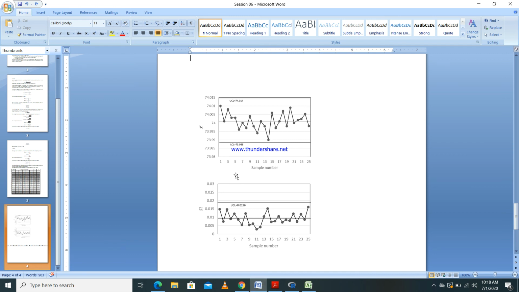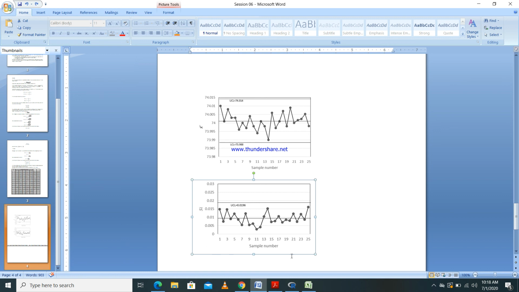So after finding these values, this is my S chart. You can see the lower control limit is equal to the x-axis because its value is 0, and here I have plotted the upper control limit, that is 0.0196, and this is the center line.